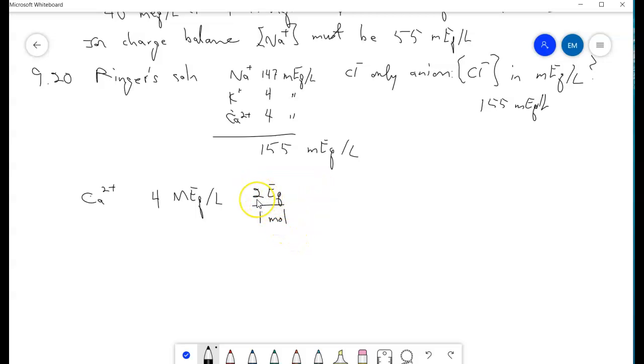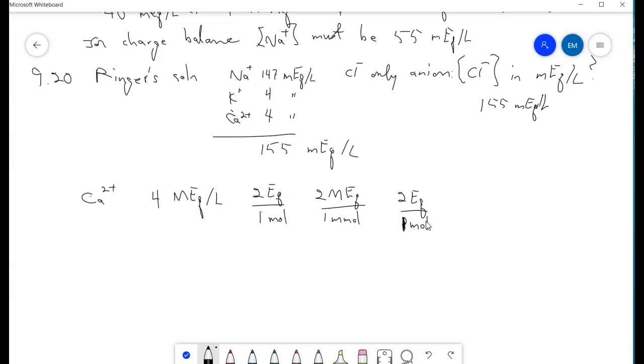And if you think about it, this is going to be 2 milliequivalents per 1 millimole, because a milliequivalent is a thousandth of an equivalent, and a millimole is a thousandth of a mole. And it's pretty much the same thing. And you should be able to see that 2 equivalents per 1 mole, and so forth.